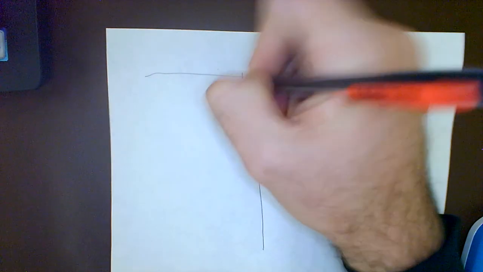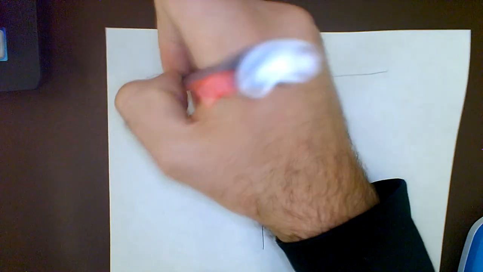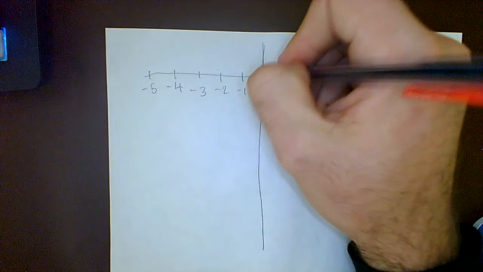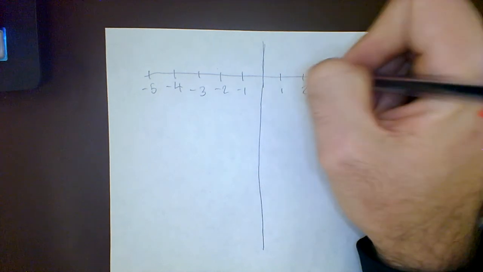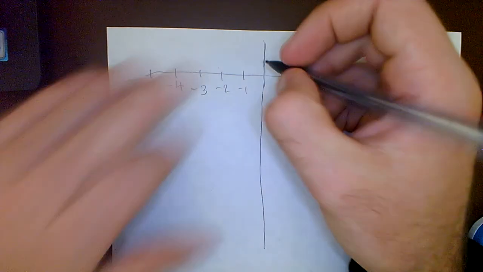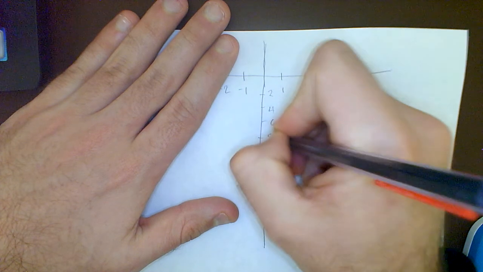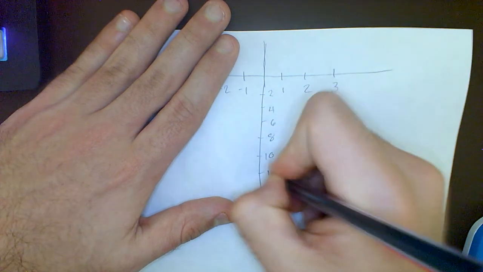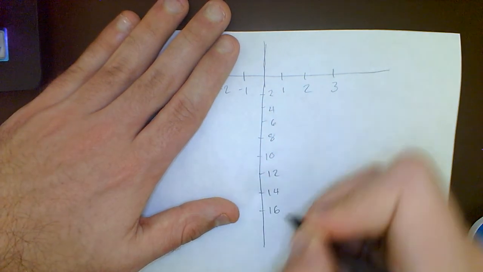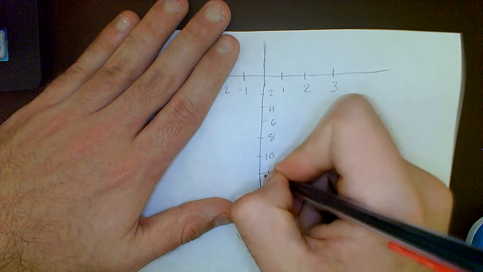So if we have negative 1, negative 2, negative 3, negative 4, and negative 5, and a 1, 2, 3, then our vertex is, let's see, this is going to take a little bit, 2, 4, 6, 8, 10, 12, 14, 16, 18, and these are all negative.